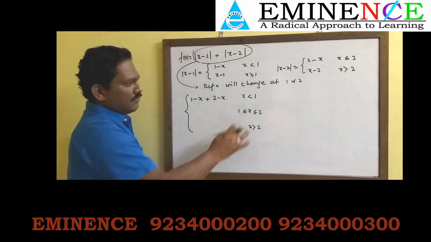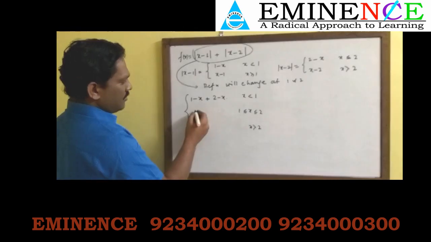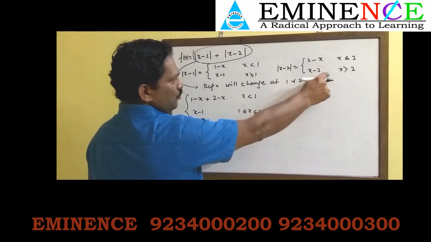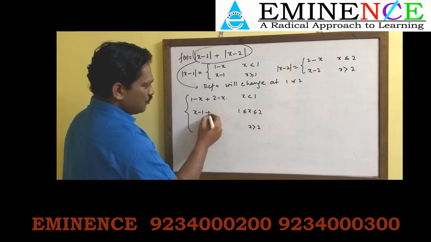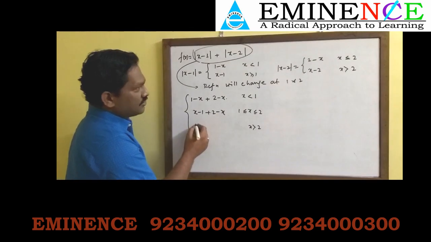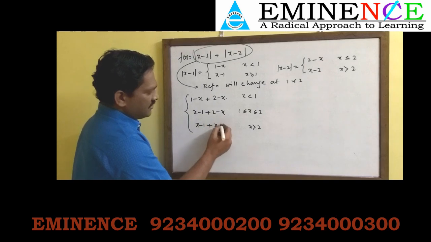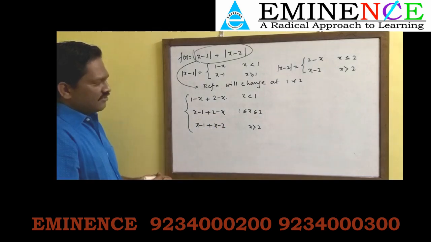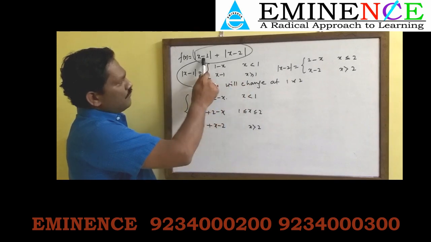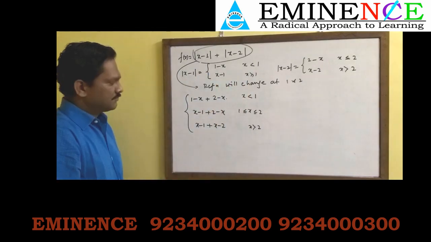For x lying between 1 and 2, see, greater than or equal to 1, mod of x minus 1 is x minus 1. Less than 2, it is how much? 2 minus x. For x greater than 2, it will be how much? x minus 1 plus x minus 2. Why? If x is greater than 2, that means it is greater than 1 also. So, x minus 1 becomes this much.